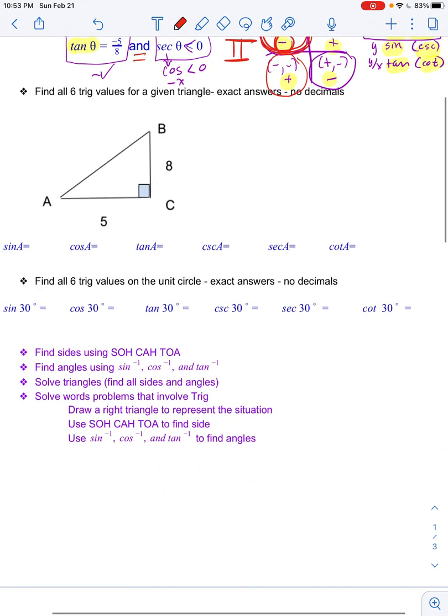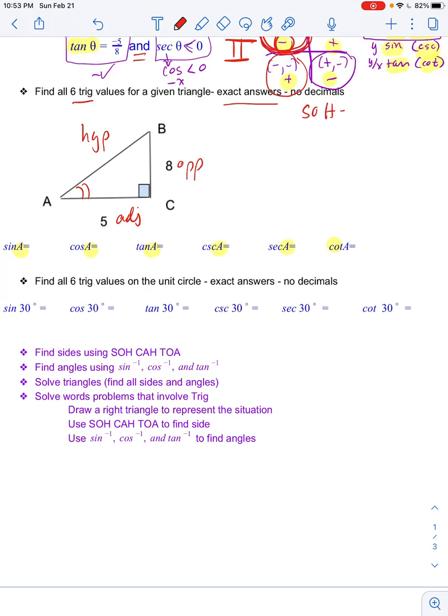Okay, find all 6 trig values for a given triangle. Exact answers, no decimals. Alrighty, so first of all, they're asking me about angle A, I can see in the problems down here. And so I am going to kind of think, okay, this is my opposite, this is my adjacent, and I'm going to need my hypotenuse.